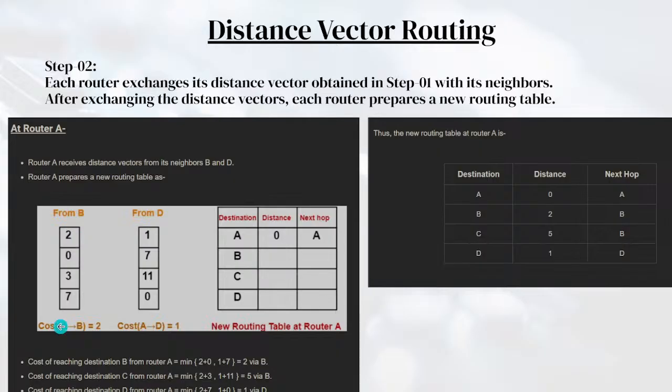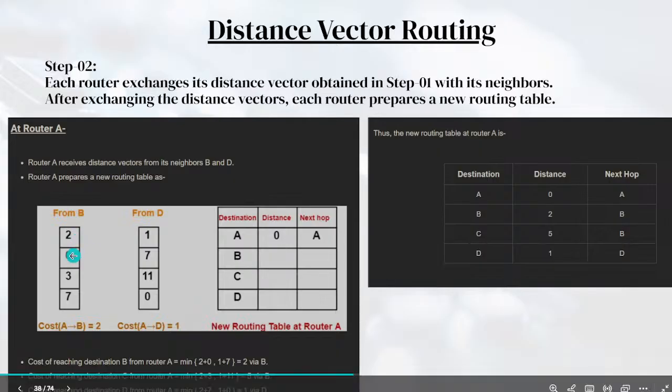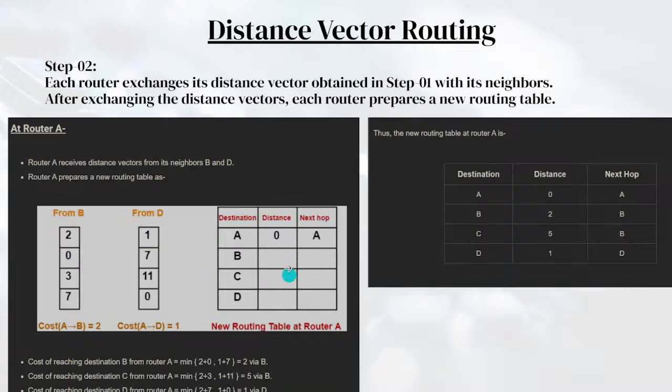The cost of reaching A to B is 2 and the cost of reaching A to D is 1. So accordingly we are calculating: 2 plus 0, and 1 plus 7. Here the first hop is already given, so the remaining we are calculating.